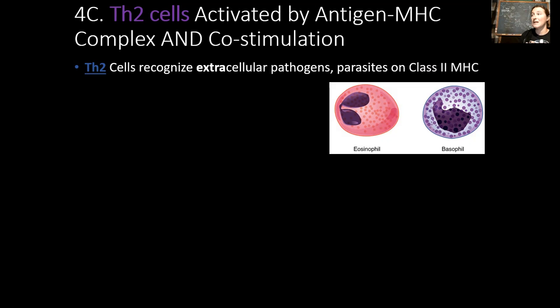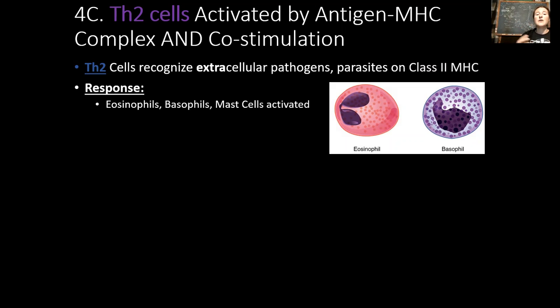Maybe this would be a piece of a tapeworm, right? Maybe a piece of an E. coli bacteria, something outside of our cells, as opposed to a virus, which gets into our cells and kind of hijacks its own machinery. Okay, once again, these extracellular pathogens are presented on class 2 MHC complexes, but because it's extracellular, it's going to trigger the T helper 0 cell to initiate a slightly different response.